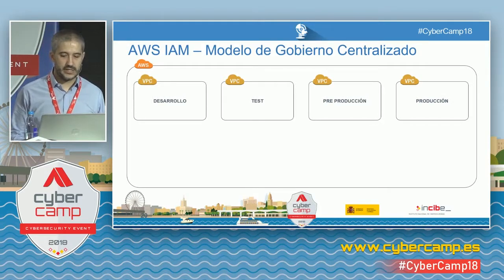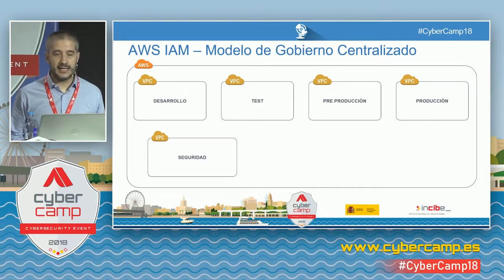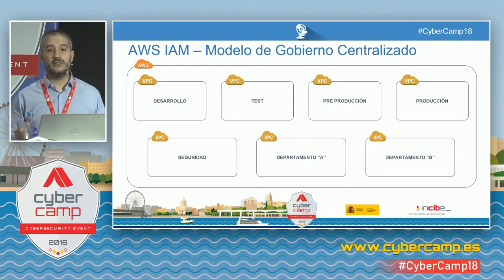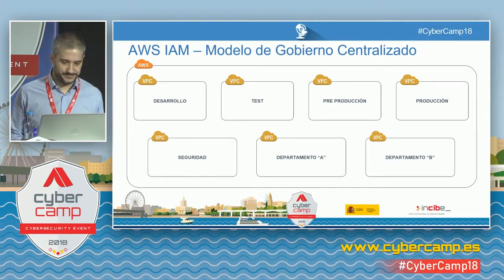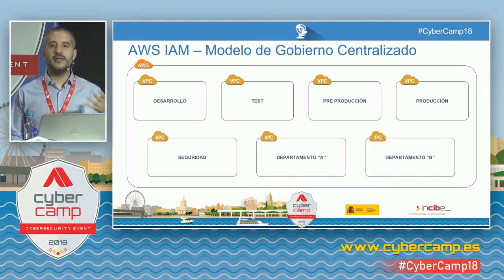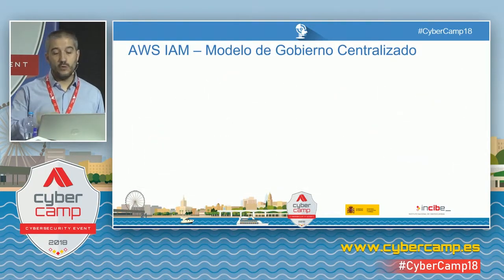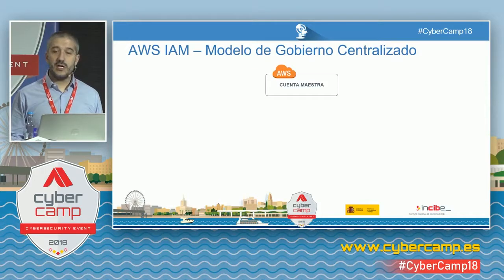So I could have different access to different networks of theirs. I could have a sub-network for security elements, or even subdivide the networks for the different departments. Well, that was in the past. Now we don't need to have everything on a single account with different VPCs.